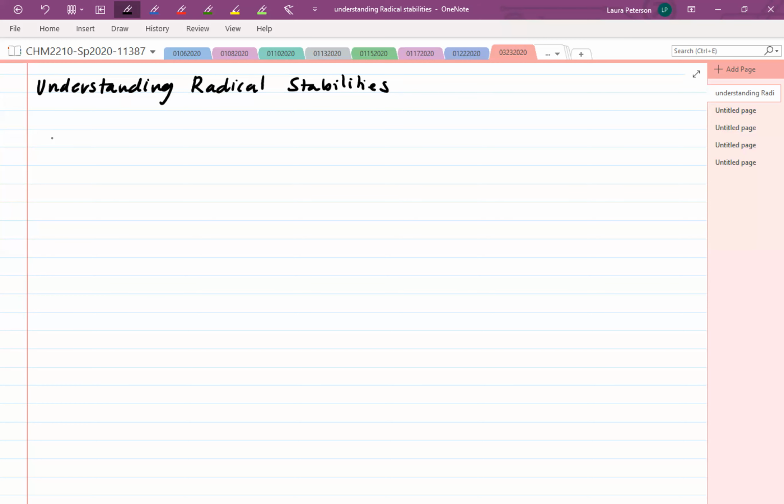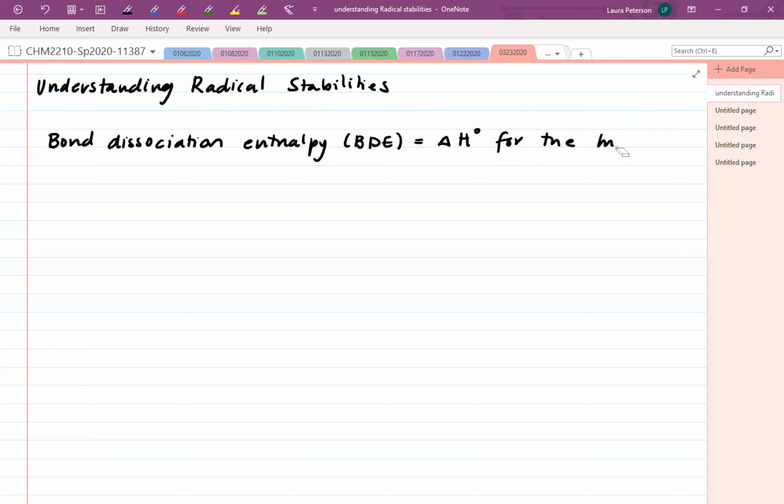Okay, so the bond dissociation enthalpy, and we can abbreviate this as BDE, equals the delta H, or the difference in enthalpy between the reactants and products for the homolytic cleavage of a bond.